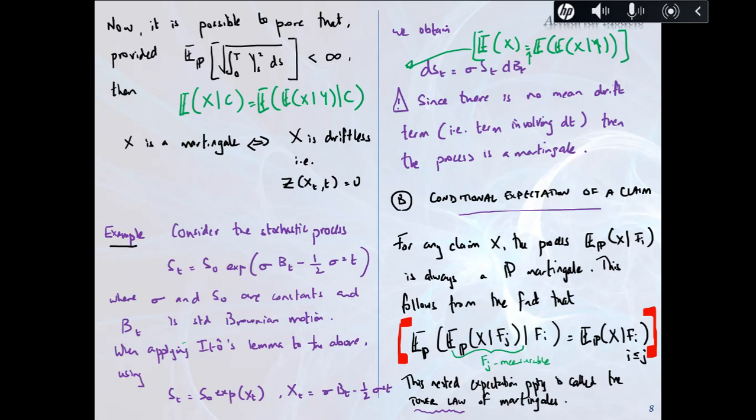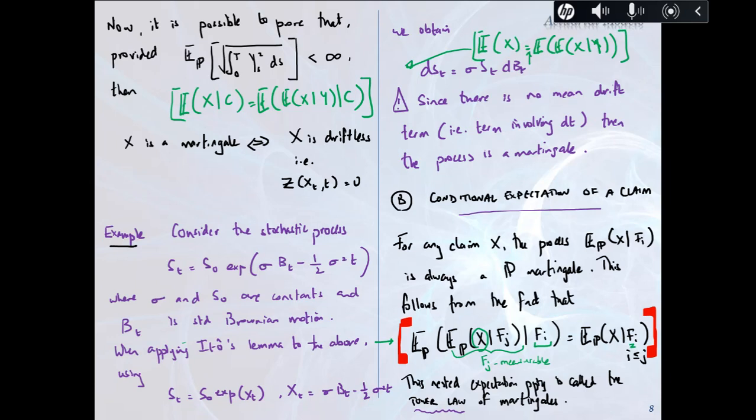In fact, the conditional expectation under Fi of the conditional expectation of X given Fj will be equal to the expectation of X given Fi. If you study this in the light of this, you will see that it is the same.